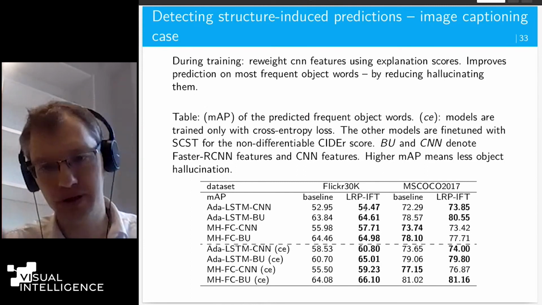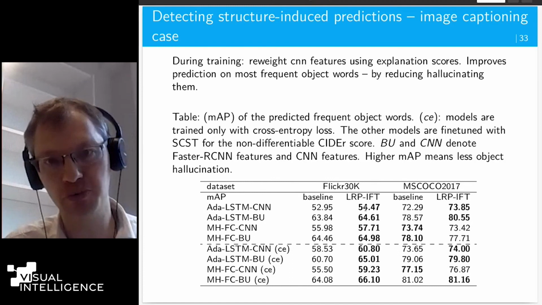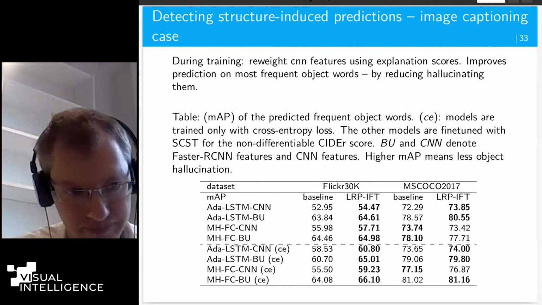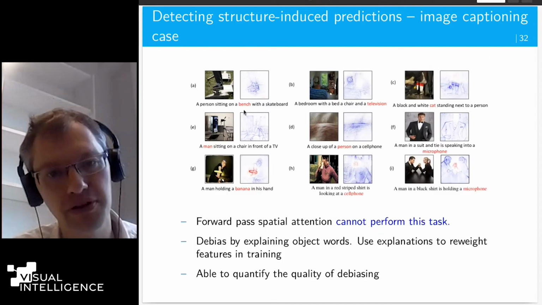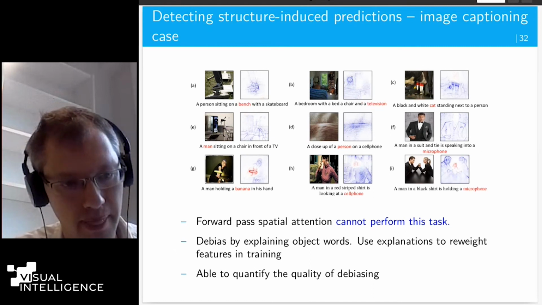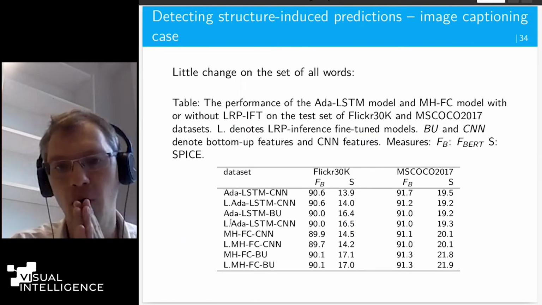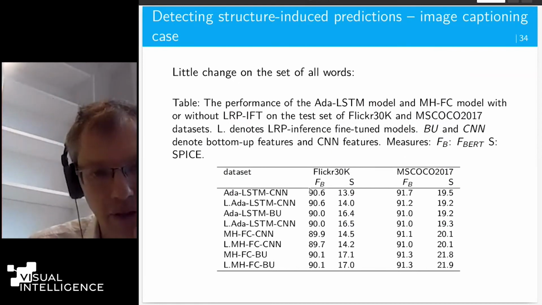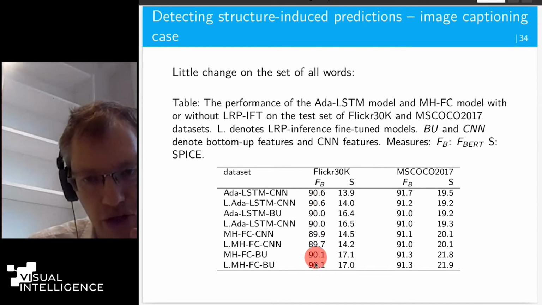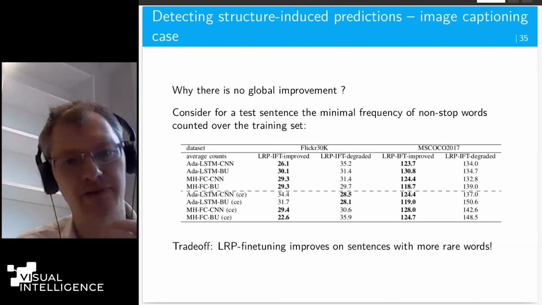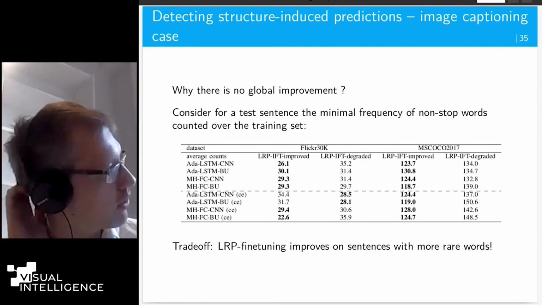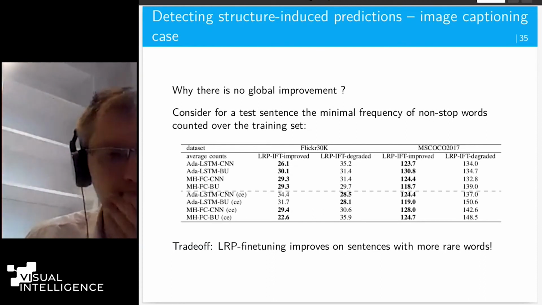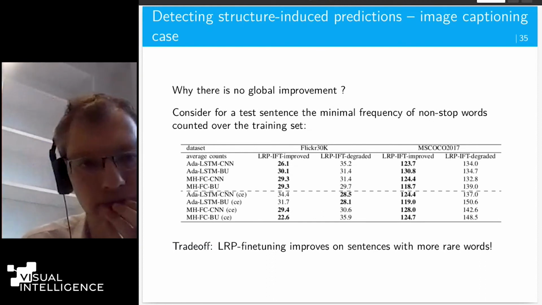That means the prediction quality for frequent object words improves because we have reduced this kind of hallucination. If you look at the whole performance between the original and the LRP reweighted model, you see virtually no change. Now, of course, you can ask yourself, I didn't improve the model accuracy as a whole. That's bad. What happened? Why is there no global improvement?